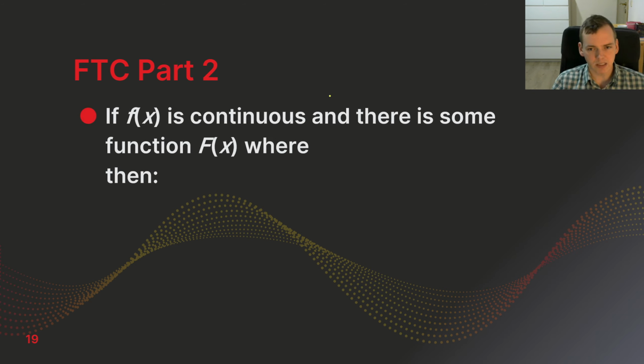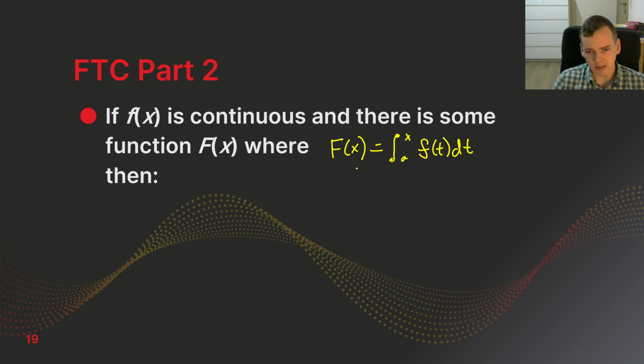If f of x is a continuous function, and there is some big F of x where big F of x is equal to the integral from a to x of f of t dt. So same definition as before.